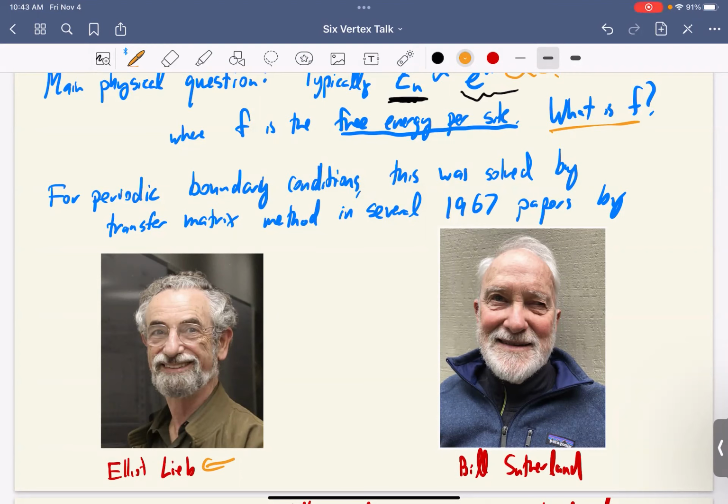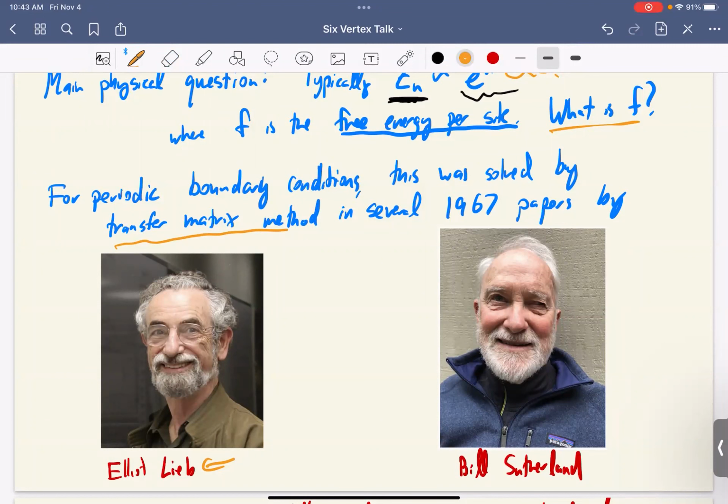Lieb had, I think, 4 papers that dealt with various weights, and Sutherland had a paper that dealt with a pretty general class of weights. So they used the method of transfer matrix, which was well known because it was also used to solve other models in statistical physics, like the Ising model.